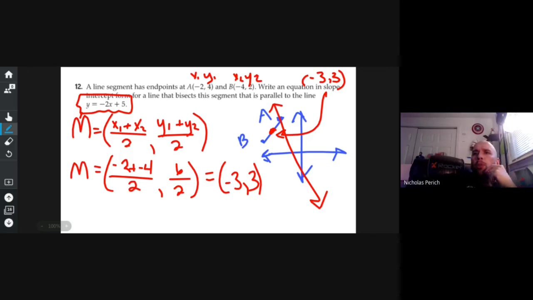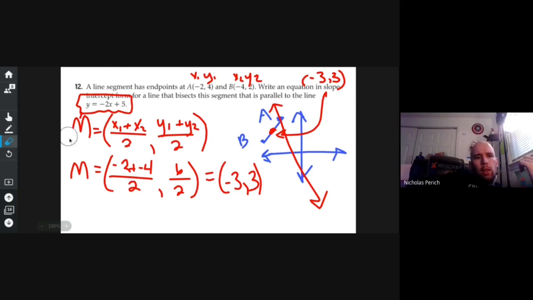So what's the slope of a line parallel to that line right here? Who typed in the chat -2? I did, because you guys are slow.